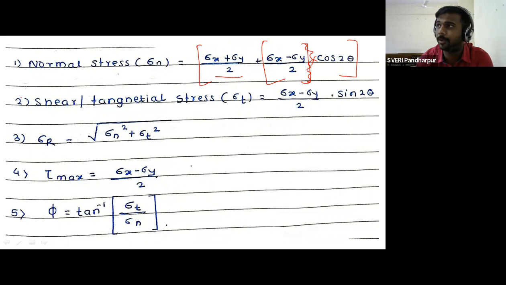So take the list of formulas in your notebook. Normal stress, tangential stress, otherwise sigma r, tau max and phi, the angle of obliquity. There is no change. These three formulas will be common for all three cases.